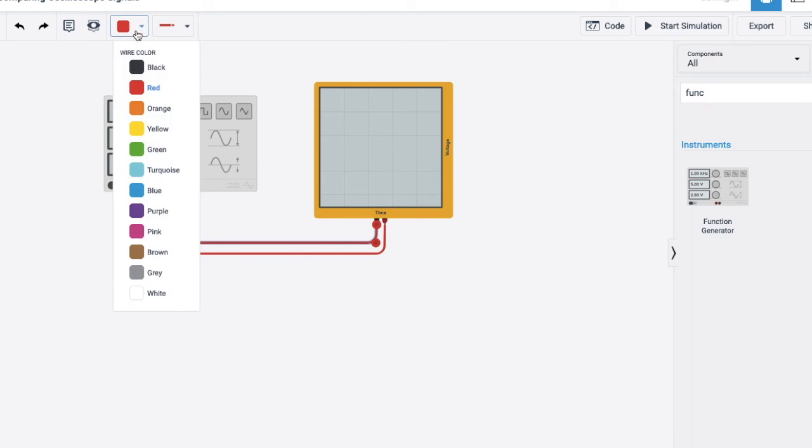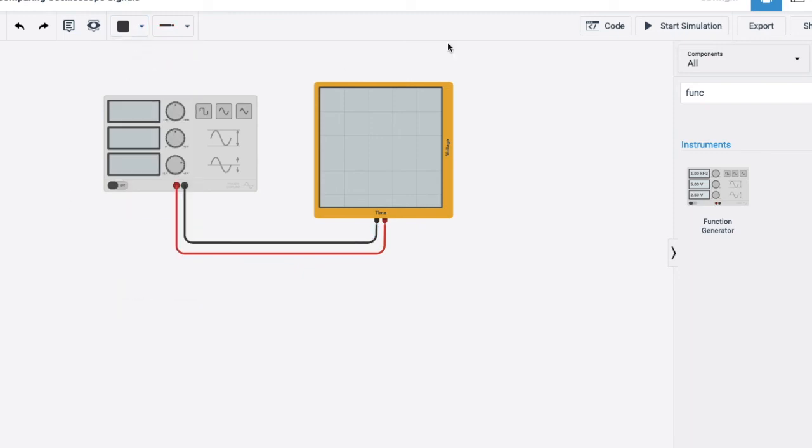I'll recolor this to black, and if I try to run by clicking this start simulation, notice that the oscilloscope is displaying this graph or plot of the voltage versus time. So I'll stop the simulation and try to adjust the settings.